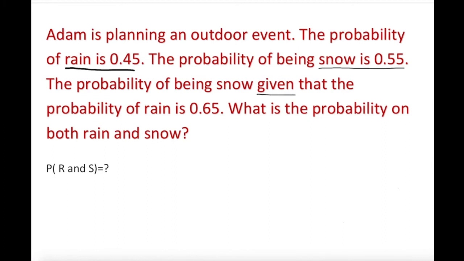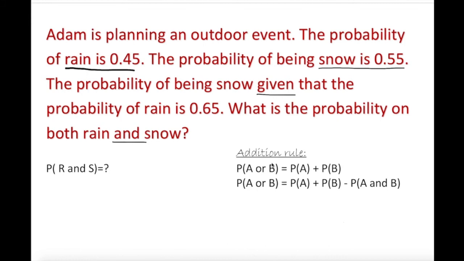And also look at this here. This is "and". There are four basic formulas, actually, for the addition rule and the multiplication rule. Let's take a look at what those are. The addition rule: if two events are independent, we just add their outcomes and we get the answer.